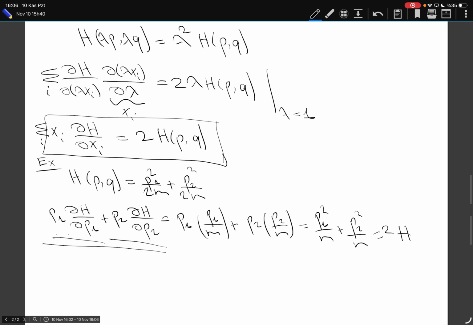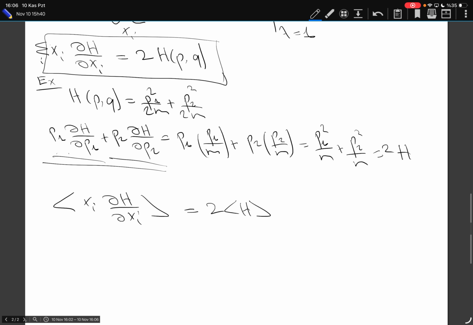So what we obtained, the average of x_i ∂H/∂x_i should be equal to twice the average of the Hamiltonian of the system. Well, this is nothing but Kronecker delta ii kT, and keep in mind that I'm summing over all i. The right-hand side is nothing but twice the energy of my system.